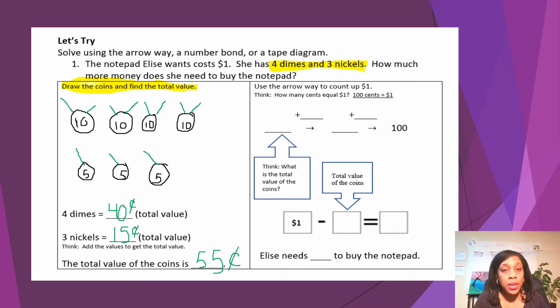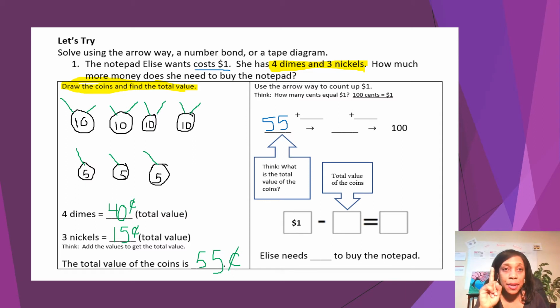Next, we're going to use the arrow way to help us count up to $1. Remember, she wanted to buy a notepad and it cost $1. She had 55 cents. Now we need to find out how much more money she needs. So we would start with the 55 and we're going to count up to 100.